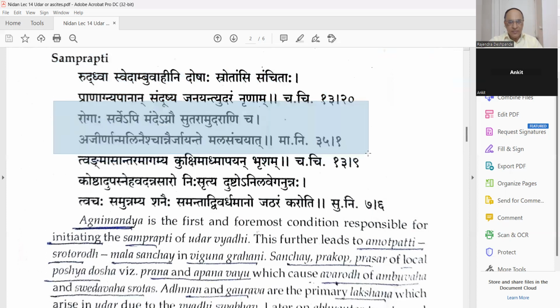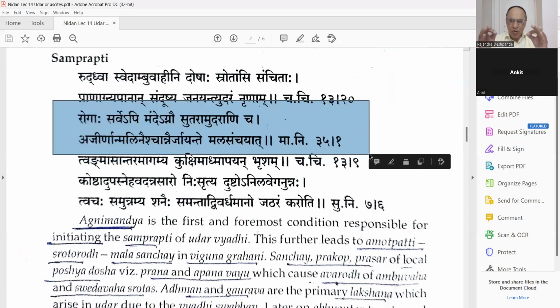Next. The Nidan is the best textbook of Roganidan. Nidan, best book for diagnosing diseases. Nidane Madhavaha Sreshta Charakastu Chikitsite. Charak is giving you the principles of treatment, Nidan, diagnosis.